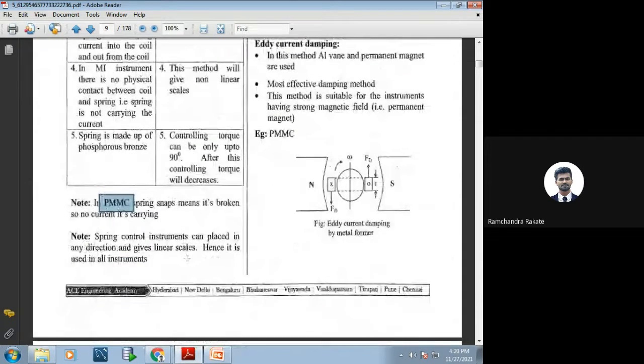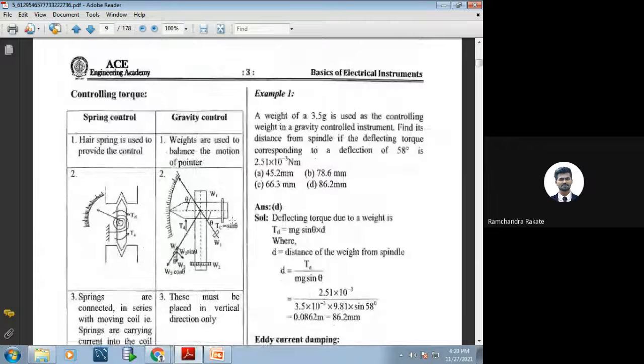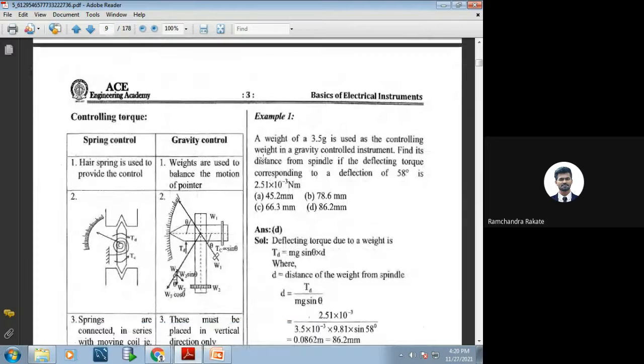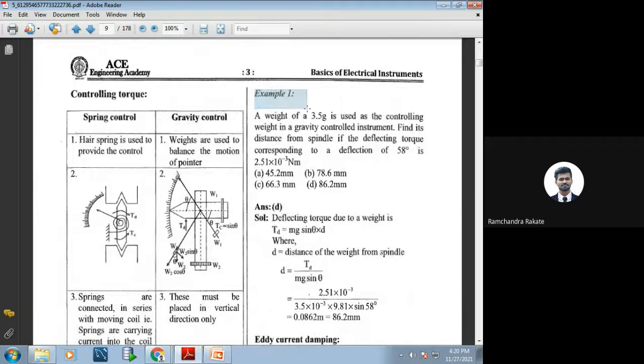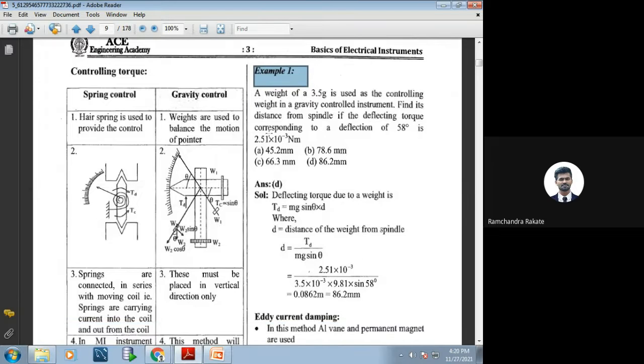First we'll look at one example, which is an exam-type question. A weight of 3.5 gram is used as the controlling weight in a gravity control instrument.